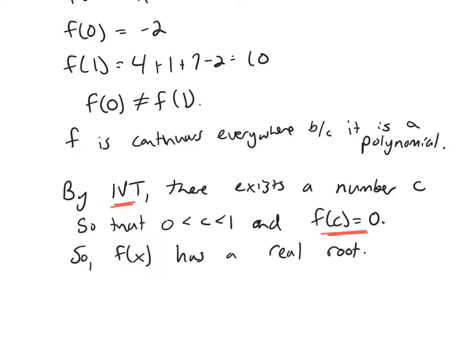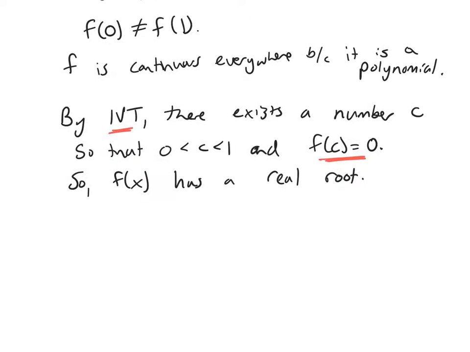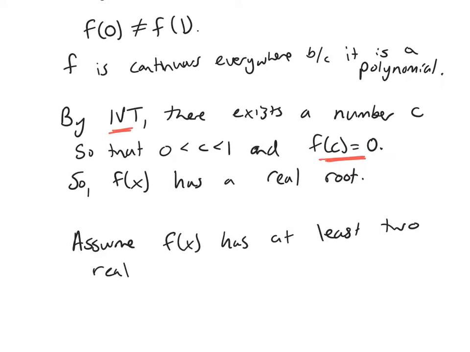So we've shown that it has a root, but now we need to show it has exactly one. So the way we do that is we're going to suppose that it had more than one, so suppose f of x has at least two real roots.